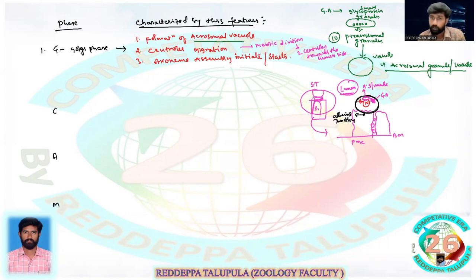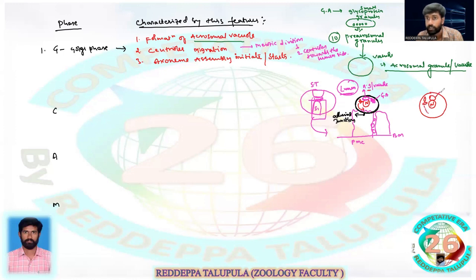Whenever this Golgi phase is continuing, the centrioles present towards the acrosomal vacuole will migrate to the opposite side. Here is the nucleus, with the acrosomal vacuole present at this end, and the centrioles slowly shift towards the opposite end.